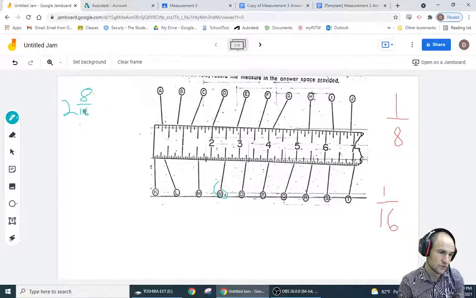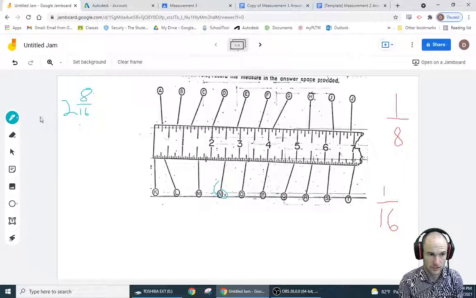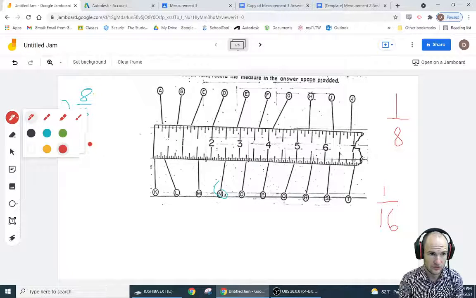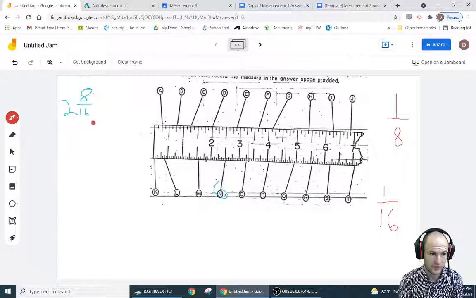Now I have to reduce the 8/16, because if I have an even number on the top, I can reduce them. Now I happen to know that both of these numbers go into each other. So I do know that 8 and 16 would give you a 2, because the 2 doesn't get reduced. And 8 goes into 8 once, and it goes into 16 twice. If I didn't know that, I could just keep reducing each by 2.